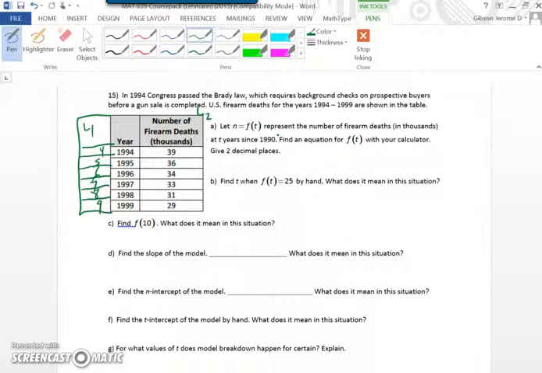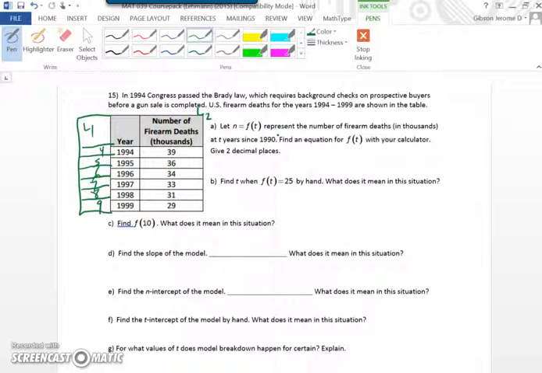We have 39, 36, 34, 33, 31, and also 29. Now we'll press stat, the right arrow, the number 4, and enter until we calculate the answer.